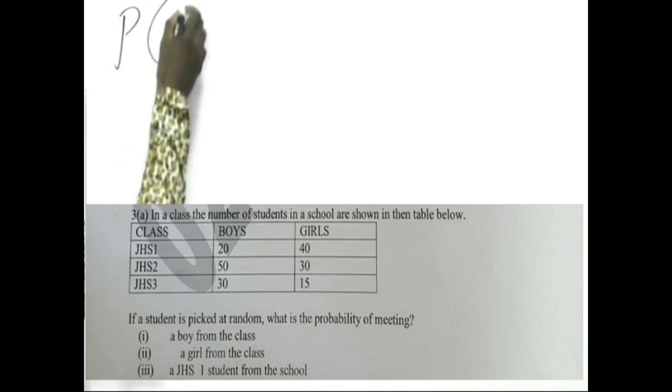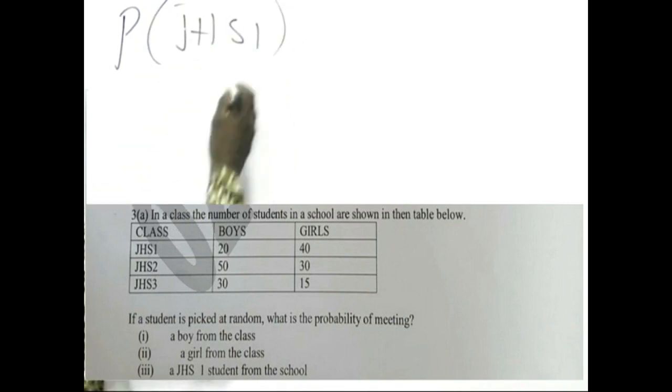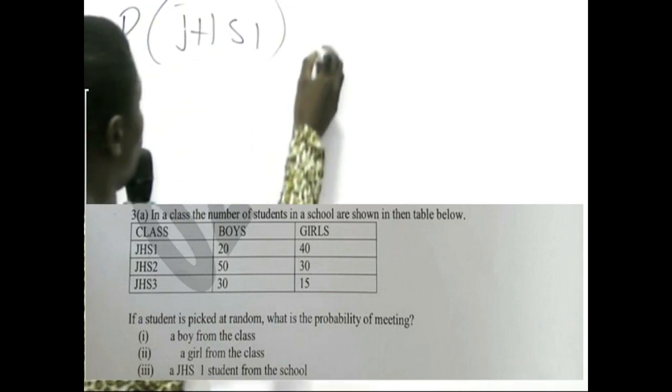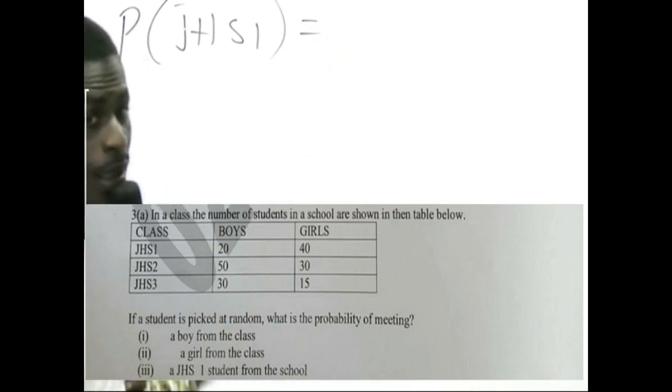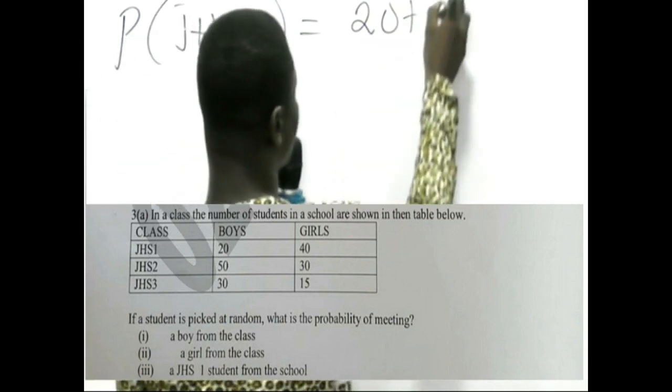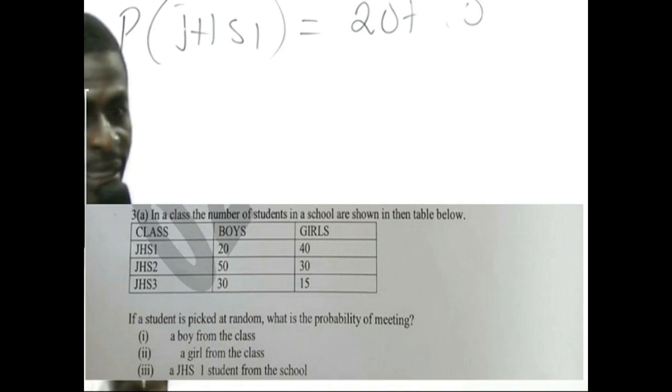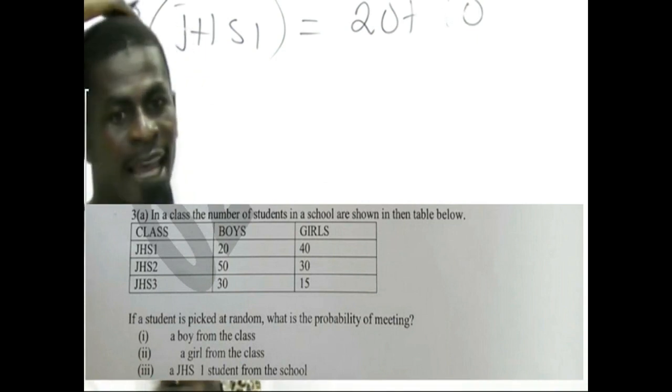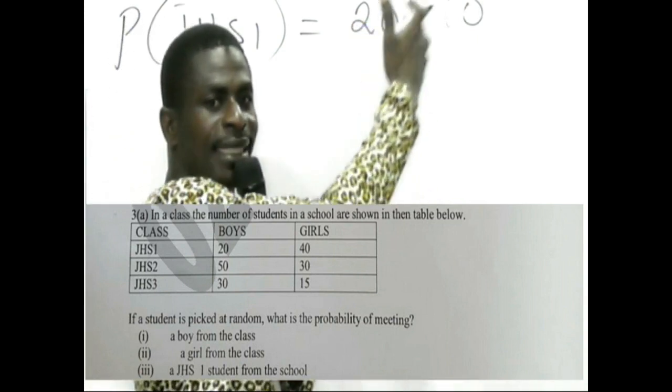So our probability of JHS 1 students will be equal to 20 boys plus 40 girls, because JHS 1 students include boys and girls.